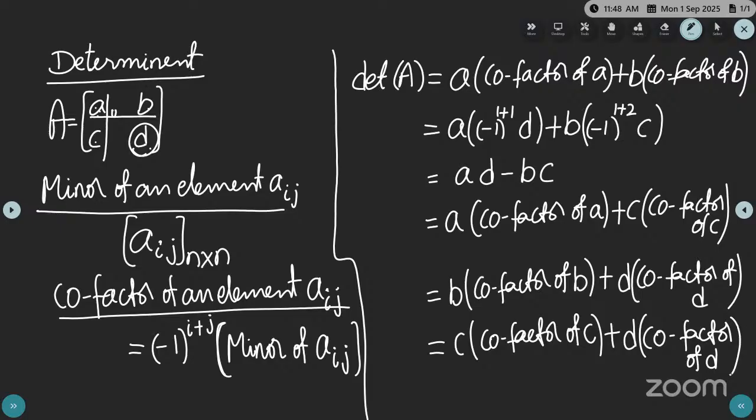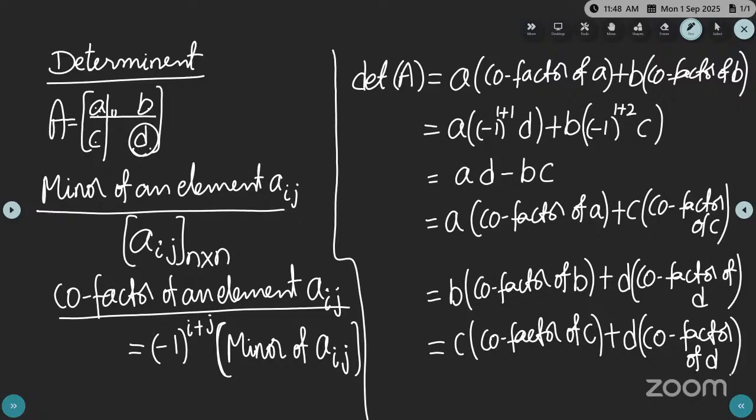If you want, verify. All those 4 will be same. You will get only AD minus BC. Now what is the definition in terms of words?